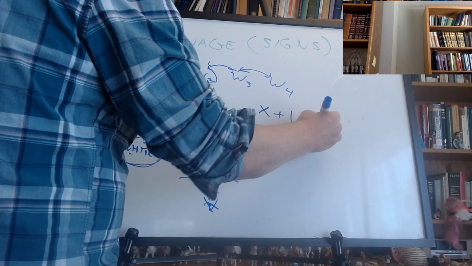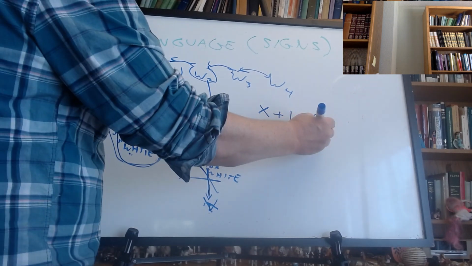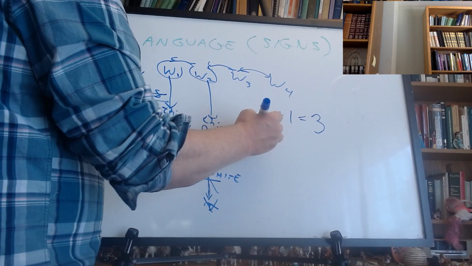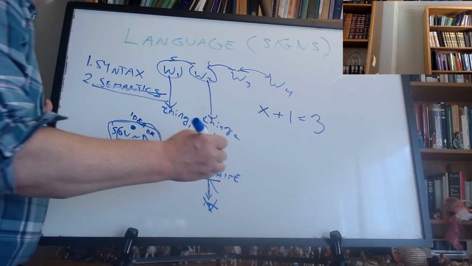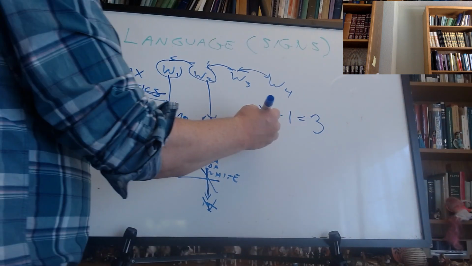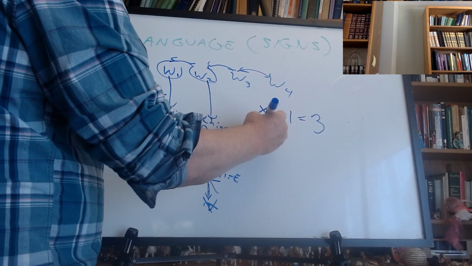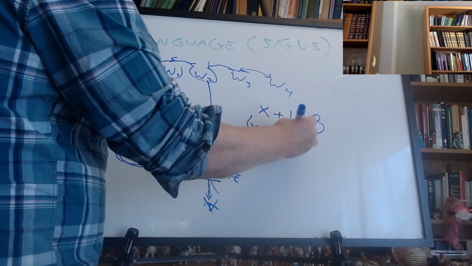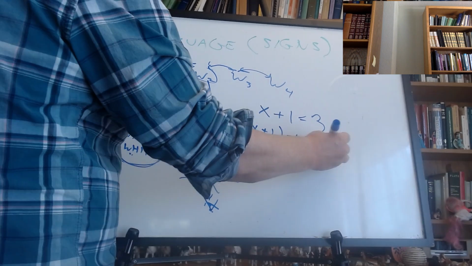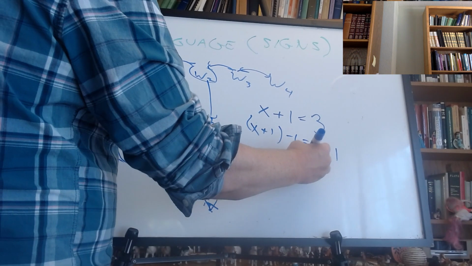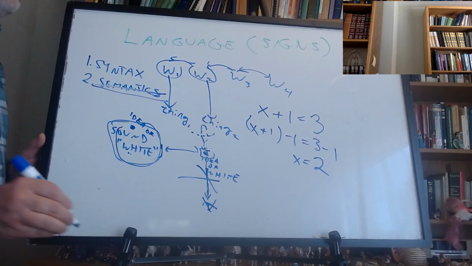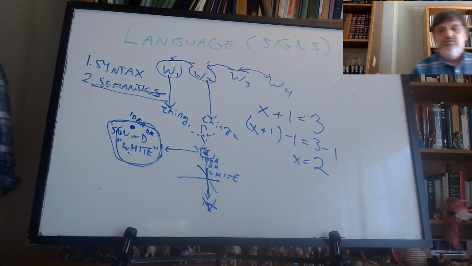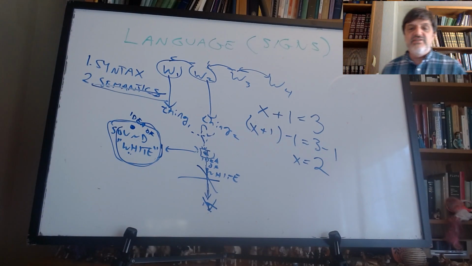I'm going to choose a really simple example because I think that's the kind Berkeley is thinking about. So suppose I write x plus 1 equals 3. I subtract 1 from both sides, and I get x equals 2.